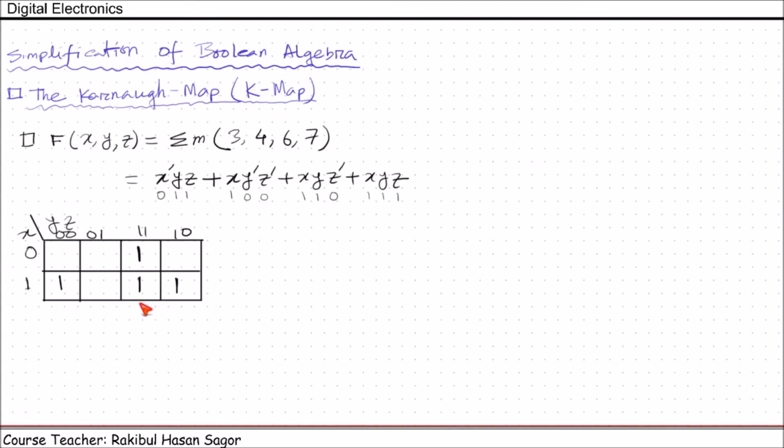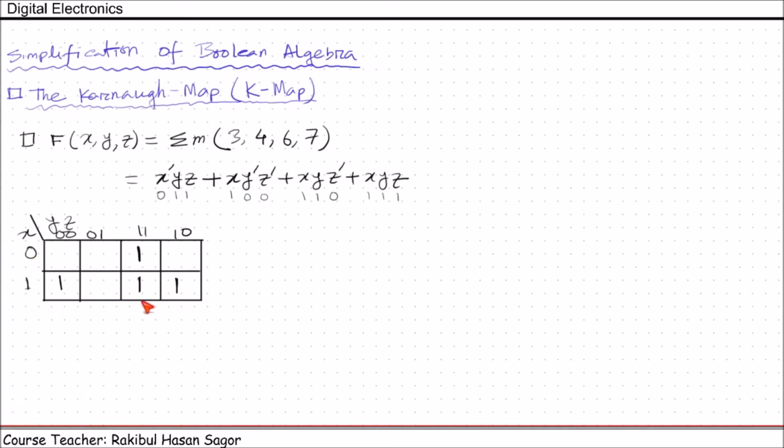Next, we need to take as big a group of adjacent cells containing ones as possible. Suppose, let's see, can we take 4 ones which are placed in adjacent cells? No. We have 3 ones here, and we cannot take this 4 because we have a gap here. We cannot take 4 adjacent cells in other ways as well.